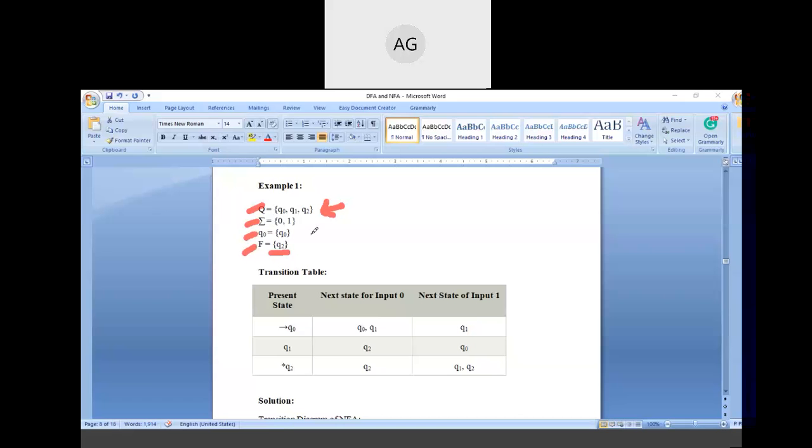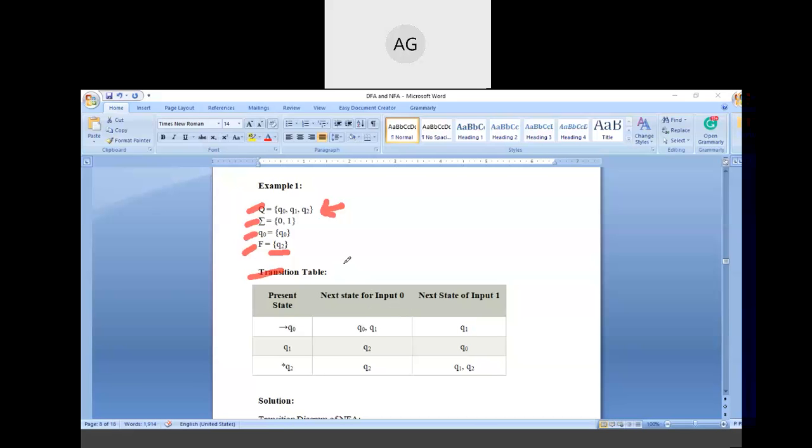According to this condition, the transition table has been made. Now, according to this transition table, you need to make the transition diagram. Just try how you can make it. Two minutes are given to you.